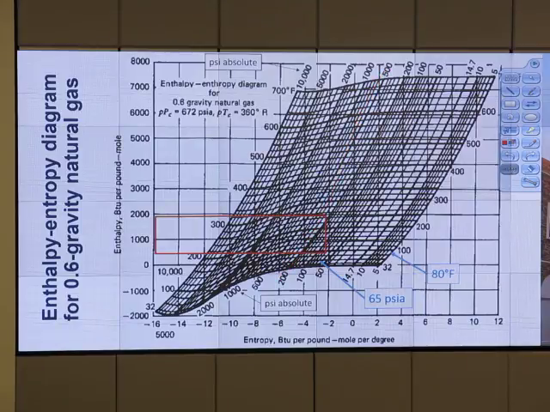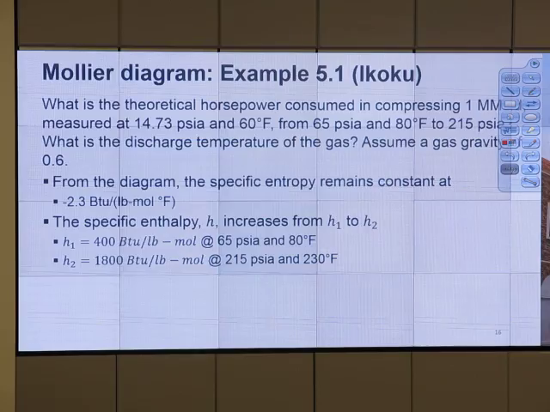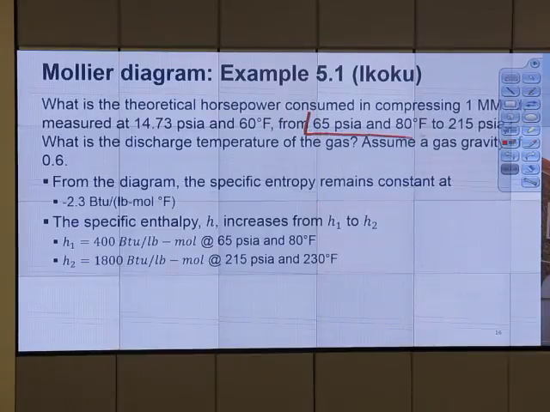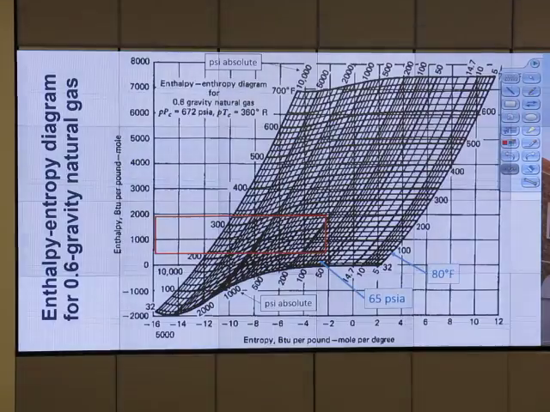First thing is we try to locate 65 psia and 80 F. Where is my 65? It will be between those two numbers, right? 80 will be over there.